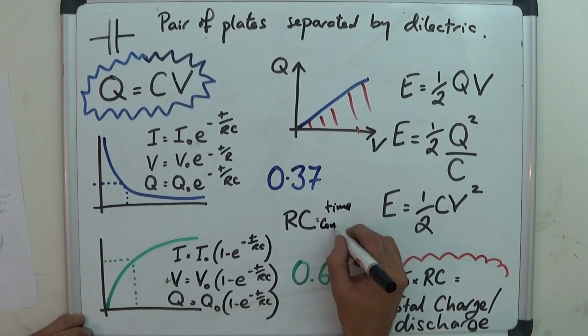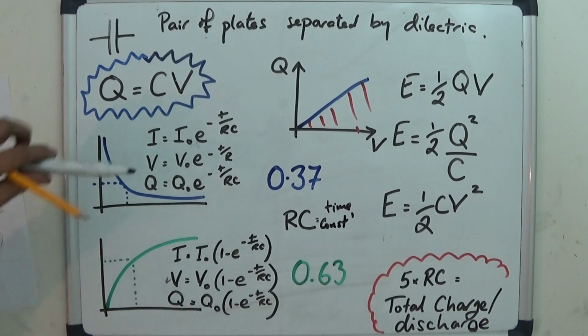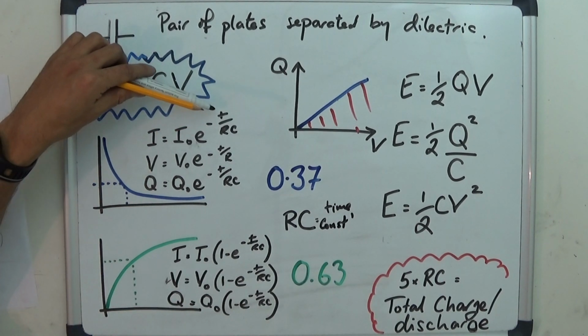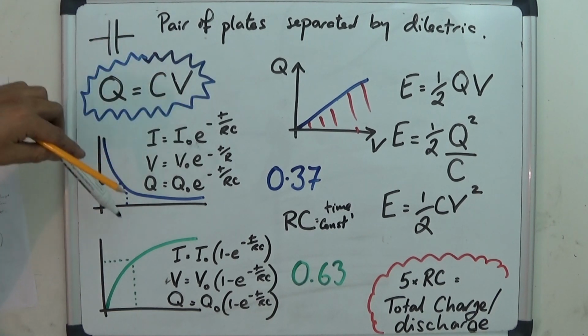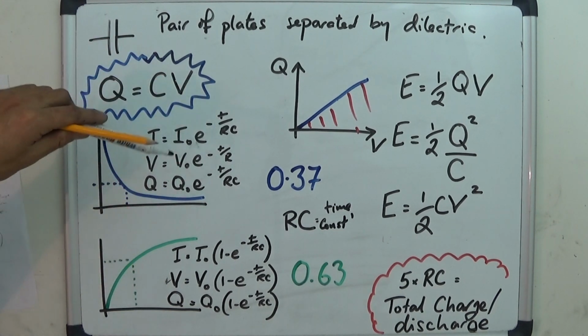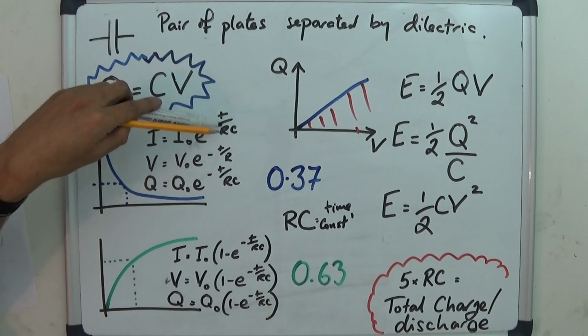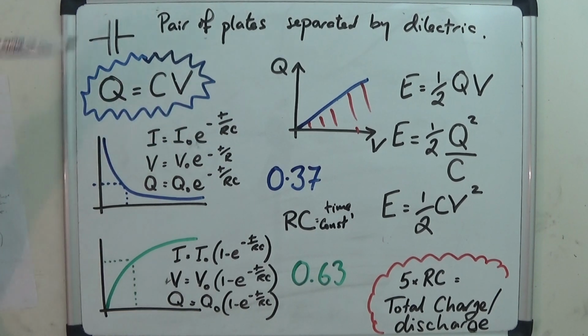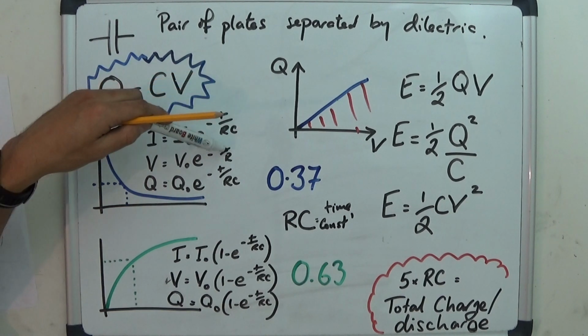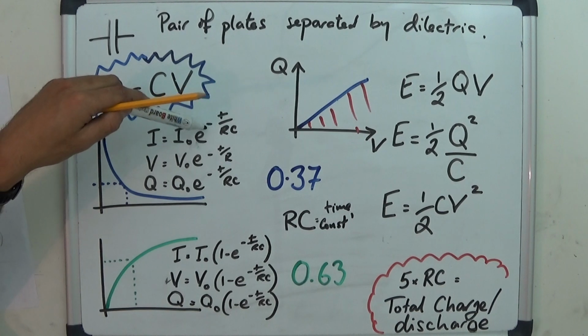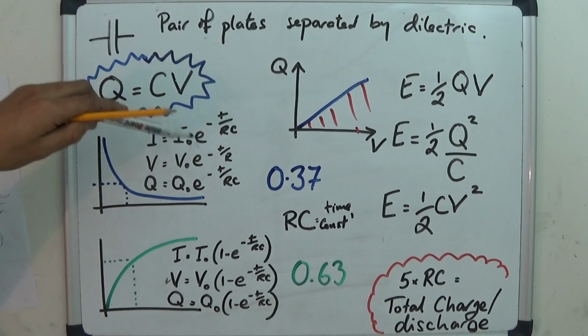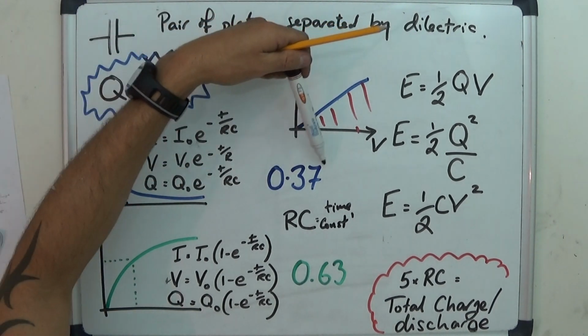Time constant. So when the time that has elapsed since you started discharging or charging, in seconds, is equal to the resistance times the capacitance of the capacitor, we have t over RC equal to 1, or rather minus 1, and then e to the minus 1 is 0.37.